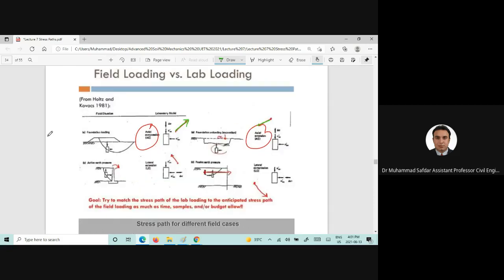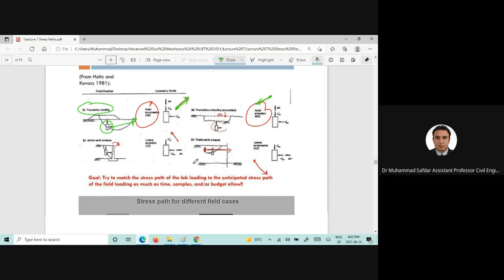For foundation loading, if you are having an embankment and you want to draw the stress path in axial compression loading condition, it will look like this. Now, if we are having a soil specimen on which the delta sigma V, or the overburden pressure, has been released, in that case the stress path will look like this, and it will refer to the axial extension condition.